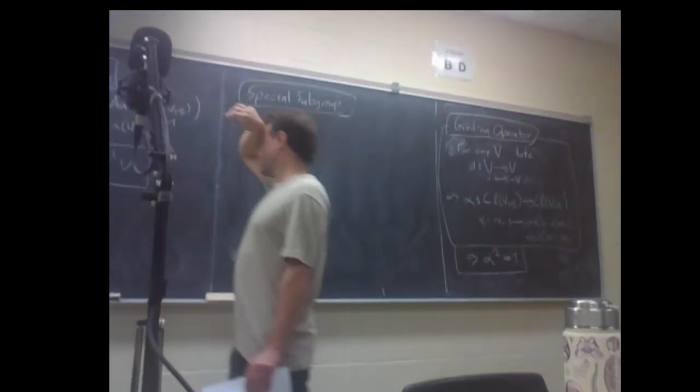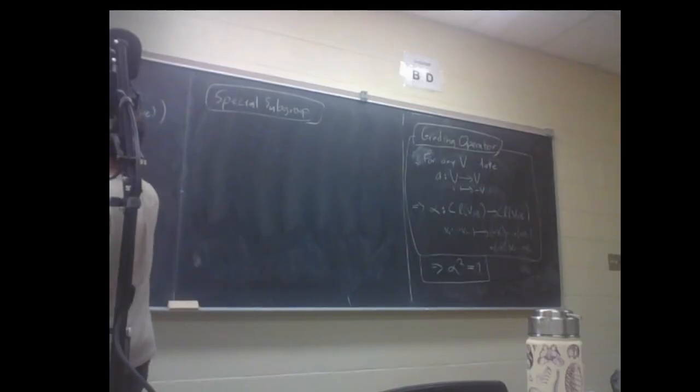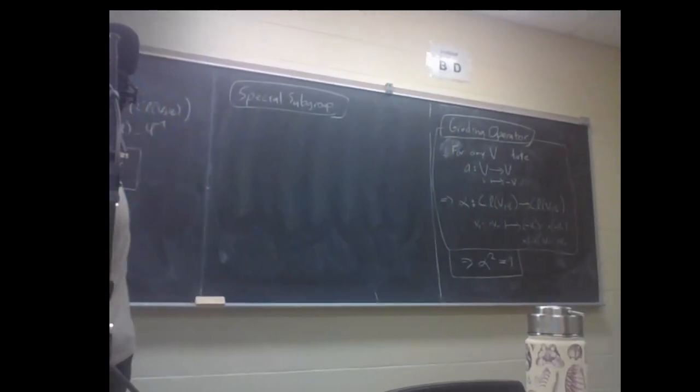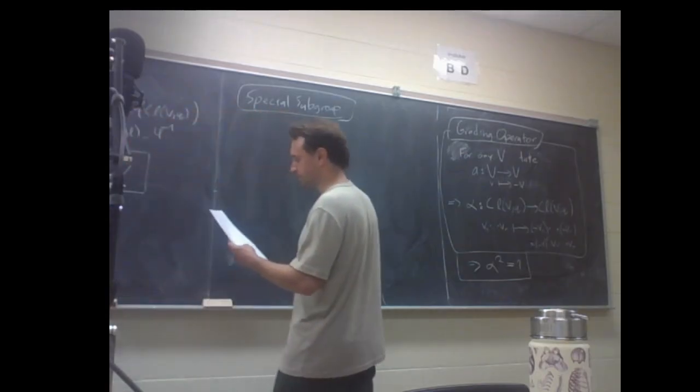Okay, so notice that whenever we plug a V into our adjoint representation, and note also that this is a group homomorphism from this group to this group. So whenever we plug in a V, we get a reflection. So whenever we plug in a sequence of V's, so a product of V's, we're going to get a composition of reflections.